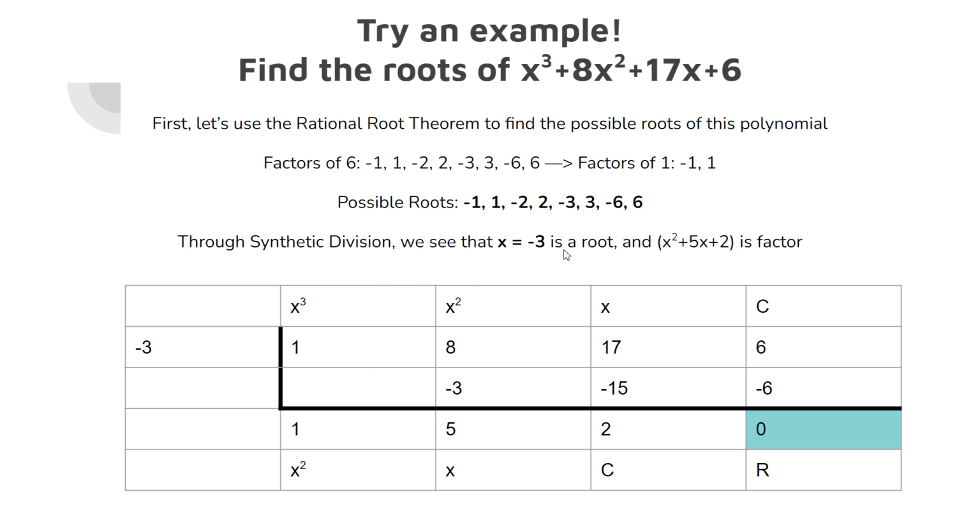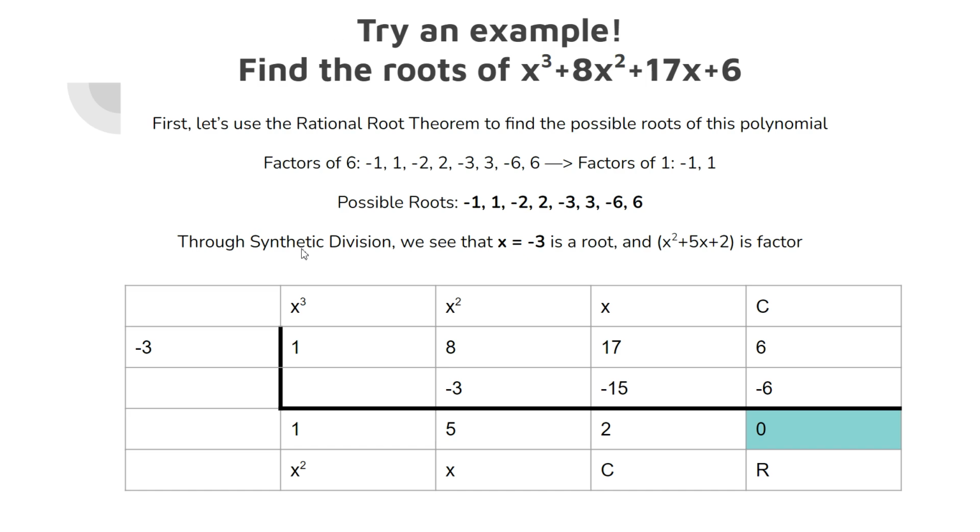Now, through synthetic division we see x equals -3 is a root, and x squared plus 5x plus 2 is a factor. Again, to quickly go over it, you drop the 1 down. 1 times -3 is -3. We put it in here. Add these two. 8 plus -3 is 5. 5 times -3 is -15. 17 plus -15 is 2. -3 times 2 is -6.